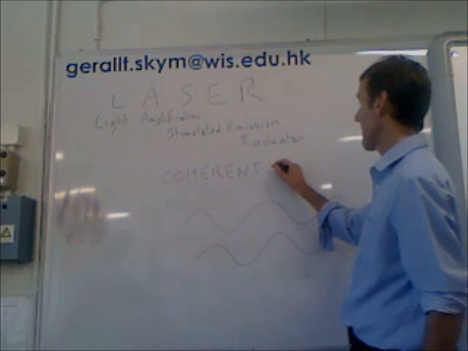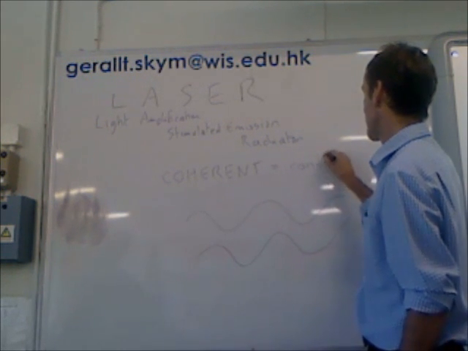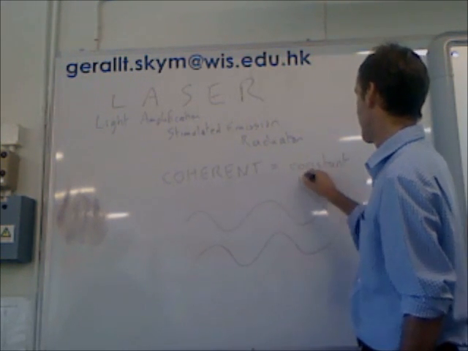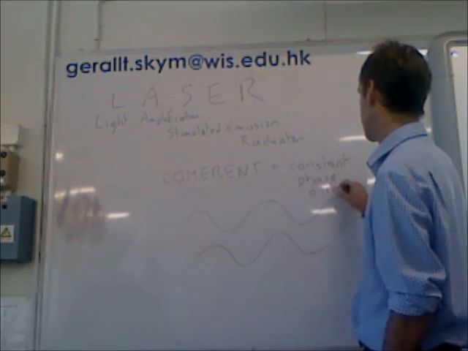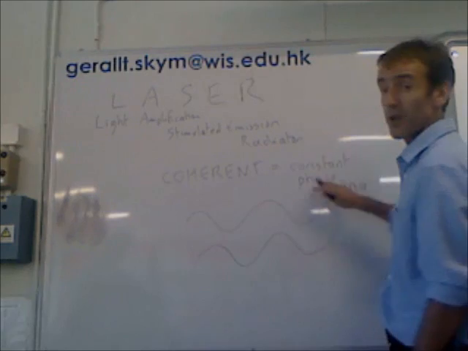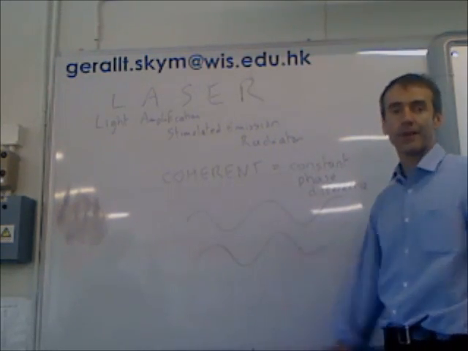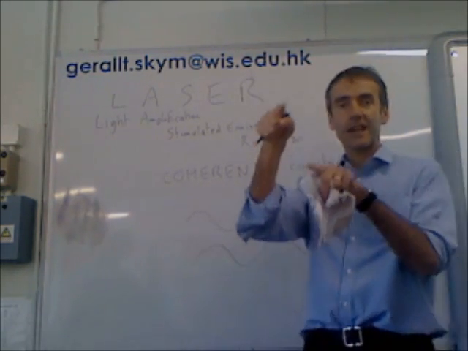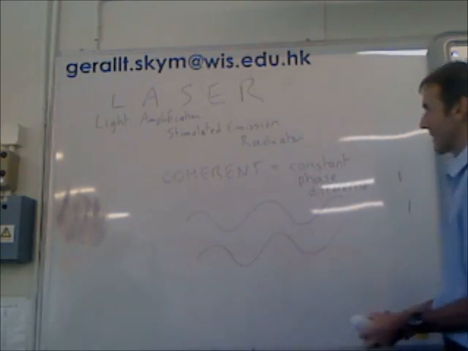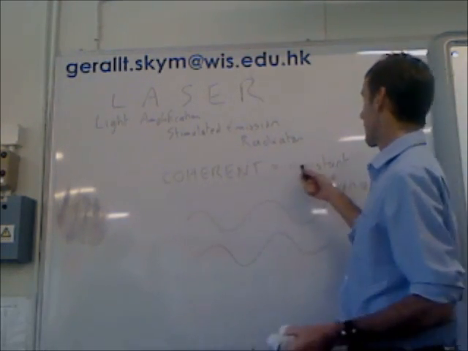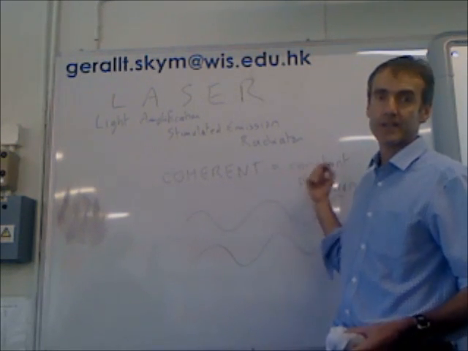So coherent is constant phase difference. And that's it. Because if it's a constant phase difference, then they must be the same wavelength as well, mustn't they? If they stay in step always at the same time, then the waves themselves must always be the same wavelength. So all lasers have coherent light, constant phase difference.